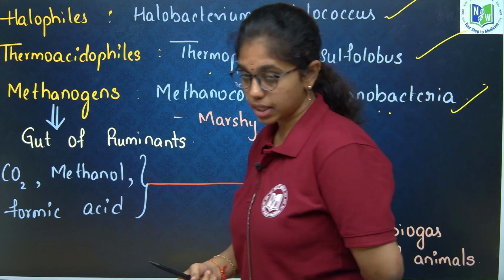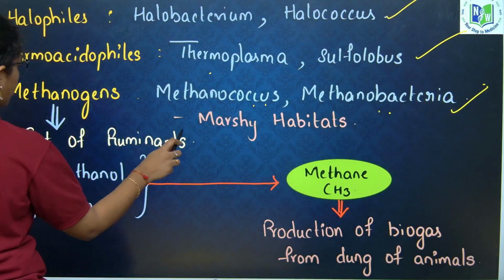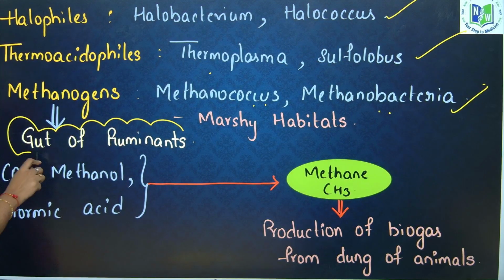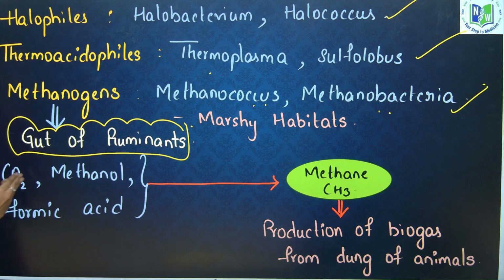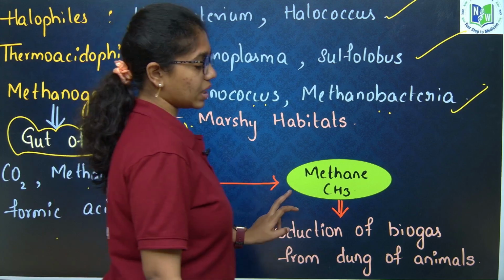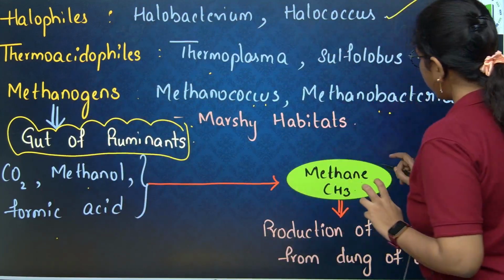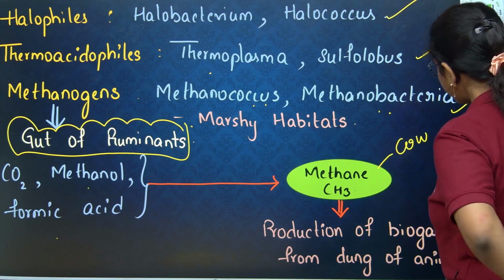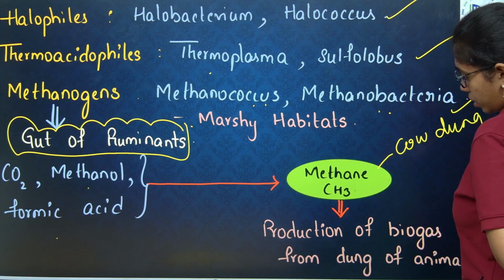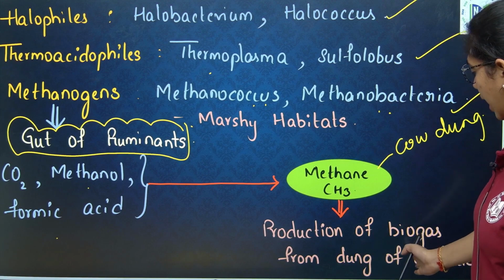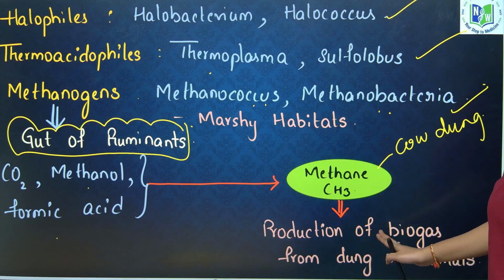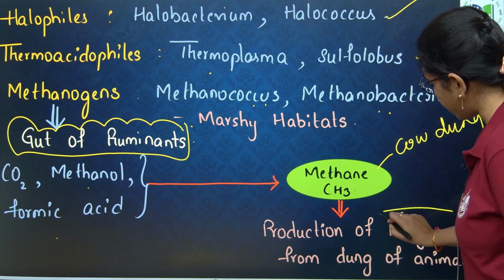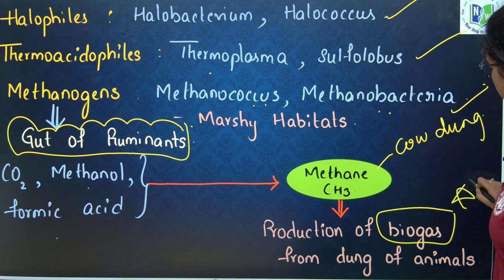They exist in the gut of ruminants, where they convert carbon dioxide, methanol and formic acid into methane. This methane from cow dung can be utilized for production of biogas, which is very important to remember.